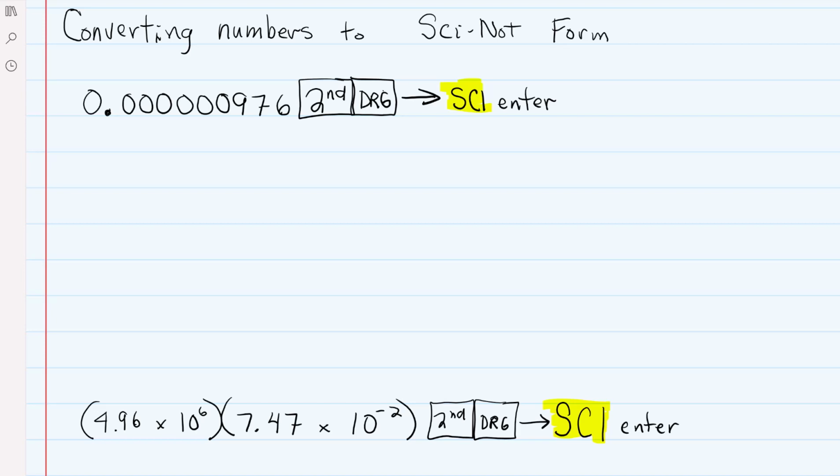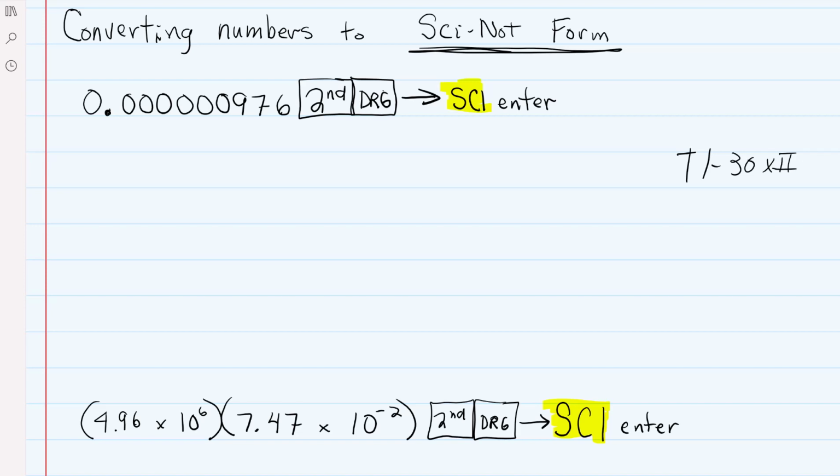Okay, now we're going to learn the calculator keystrokes to convert numbers from standard form to scientific notation form. So say you have a very small number that looks like this, 0.000000976. If we want to convert it to scientific notation, remember this is with a TI-30X IIS calculator.